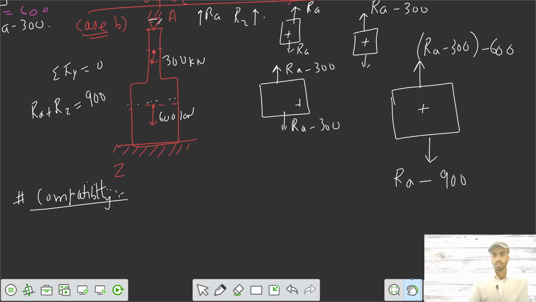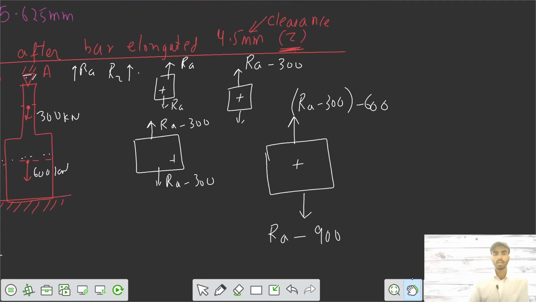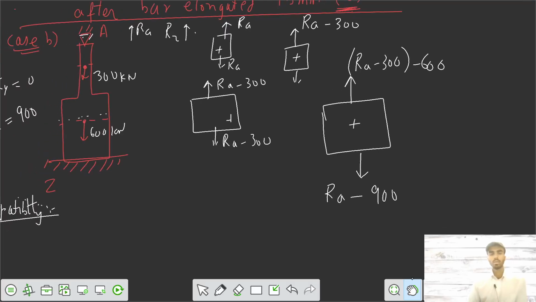The compatibility condition says that the deflection caused because of these four free body diagrams would be 0, isn't it?